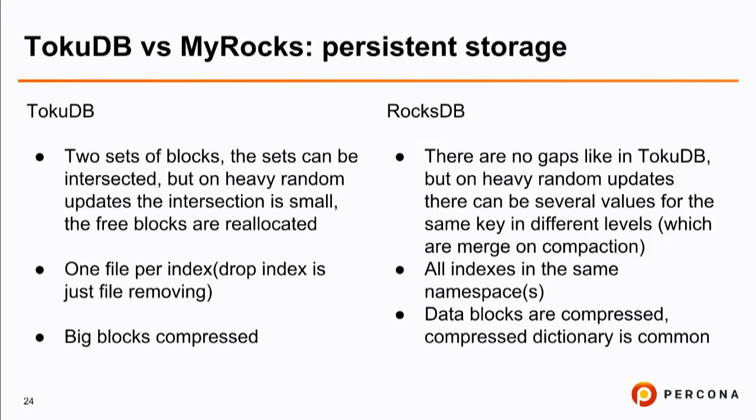All indexes are in the same namespace, or namespaces if we use column families, and SST files are well compressed because the compression dictionary is common.